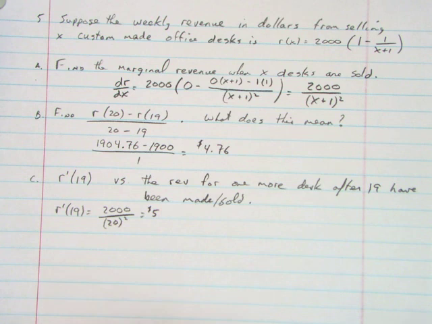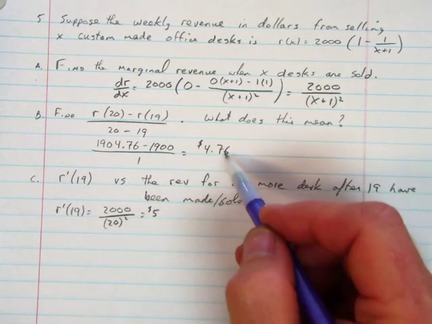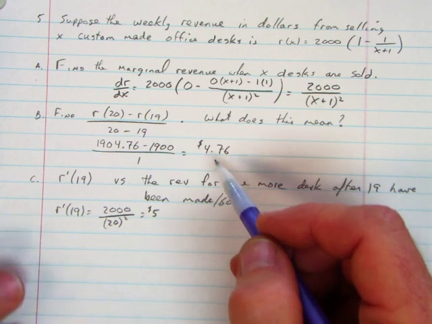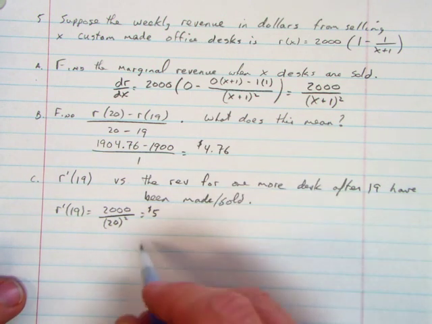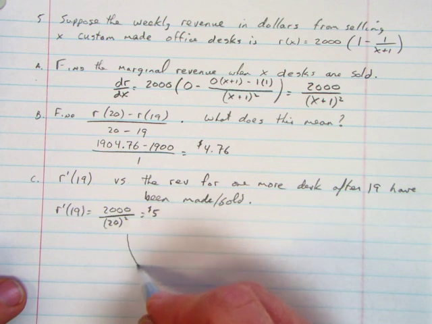So now what are we saying here? We're going to compare this 5 to our 4.76. We are using the slope of this curve, and our slope in this particular problem is going to look like this.